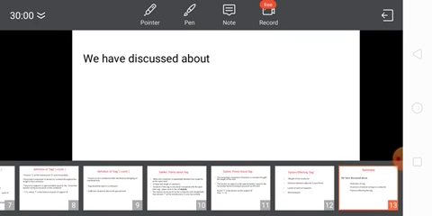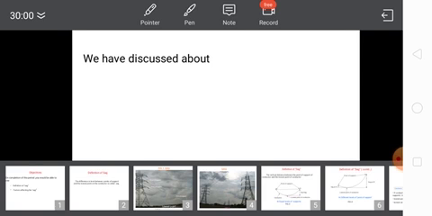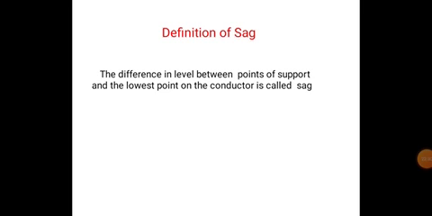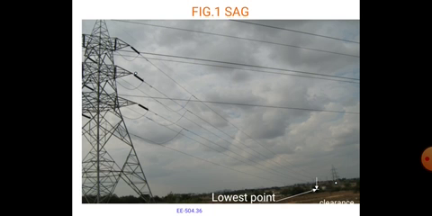Still now we are discussing the definition of sag, or the factors affecting the sag. The difference in levels between the points of supports and the lowest point on the conductor is known as sag.